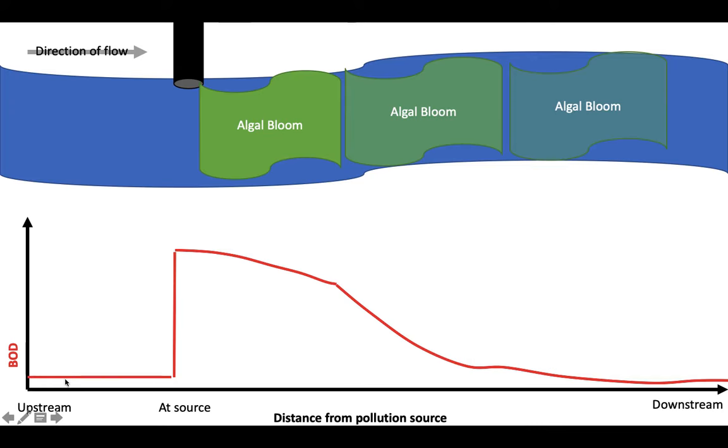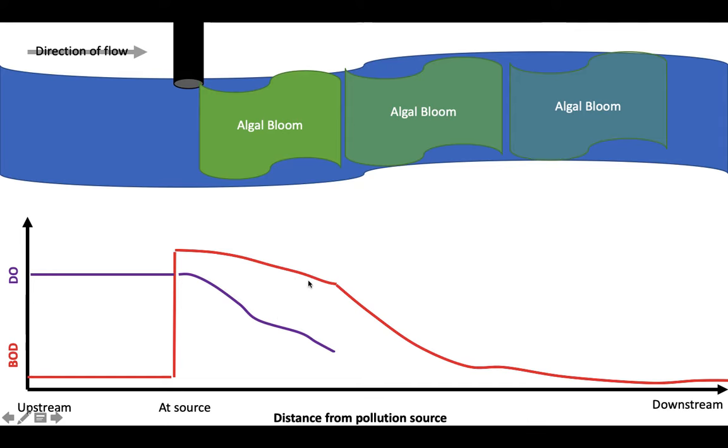Okay, let's now graph the oxygen. How much oxygen is in this water? How much dissolved oxygen is there? Well, there's no demand for it upstream, so dissolved oxygen in purple is going to be pretty high. But the second we get to the source of the pollutants, there's going to be some decomposition, and there's going to be demand for oxygen. So oxygen is going to start to decrease.